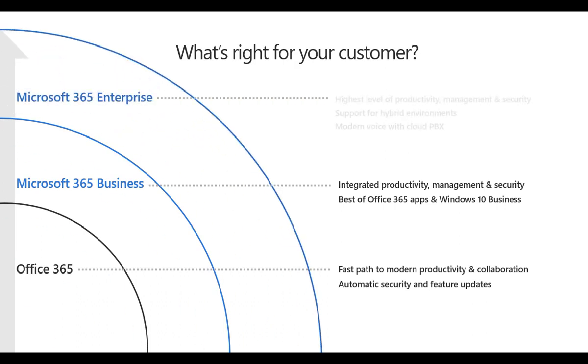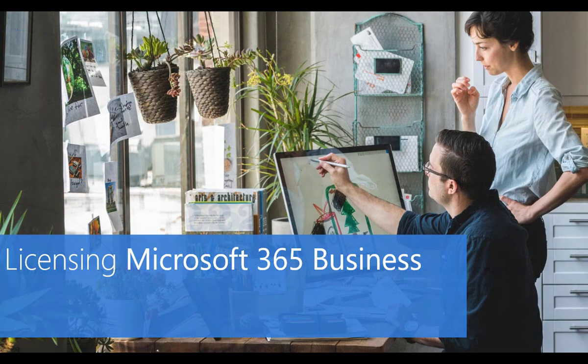When the needs of the customer exceed what's provided in the business version, we can then look at the enterprise version. So like Office 365, there is a business SKU, and there are also enterprise SKUs of Microsoft 365. That's going to provide the higher end functionality and features that you typically see with Office 365, plus some advanced features that are unique to the Microsoft 365 enterprise offering.